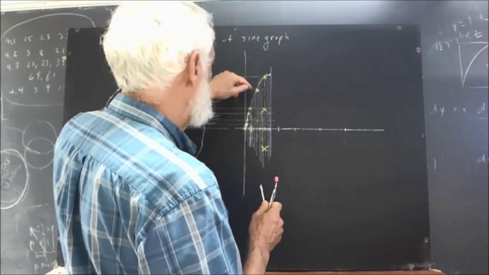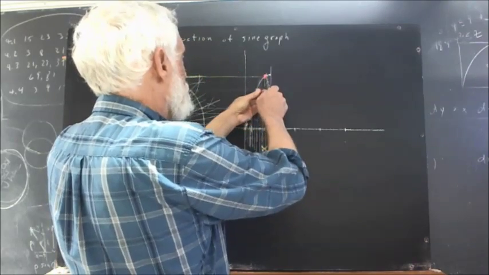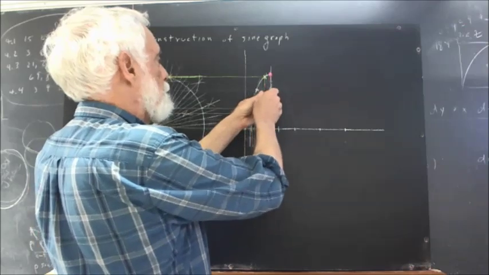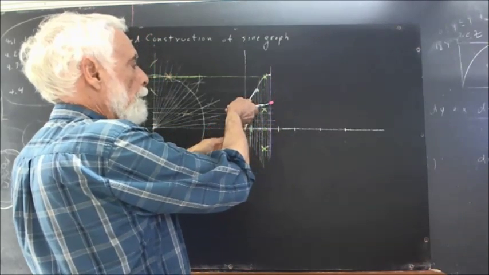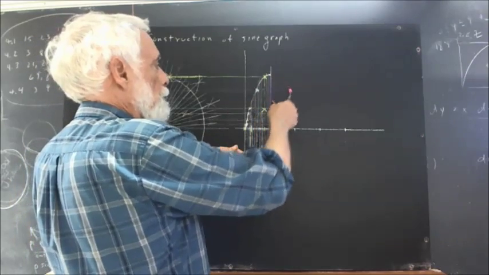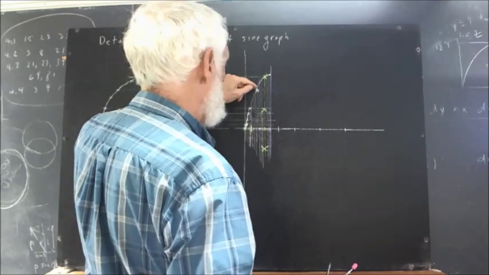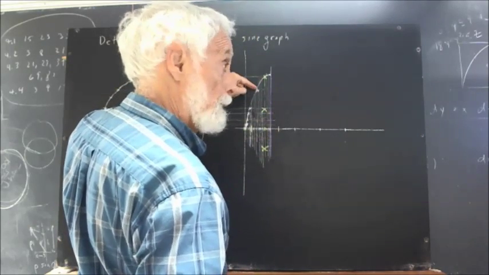If I want to reflect this point, let's say, well, I could start by marking an arc here and another arc here, and then I could draw arcs here and here to get the line perpendicular to the purple line through this point.